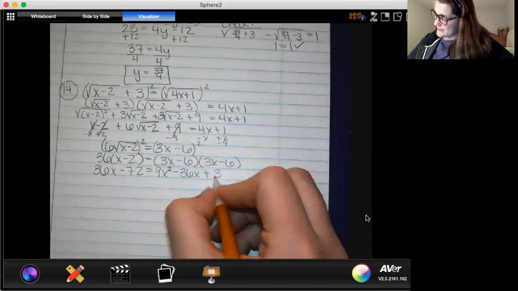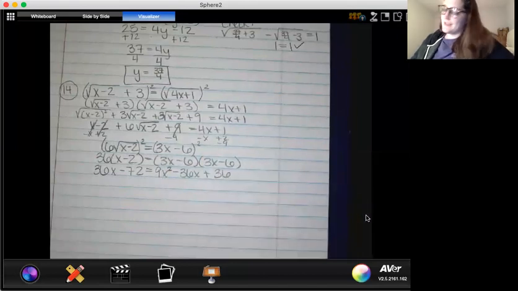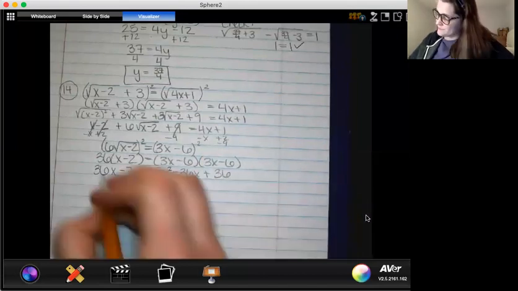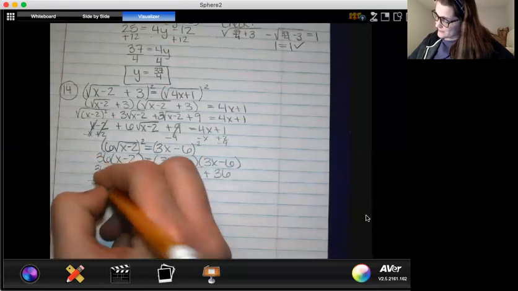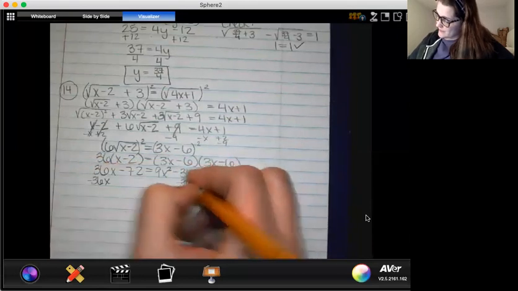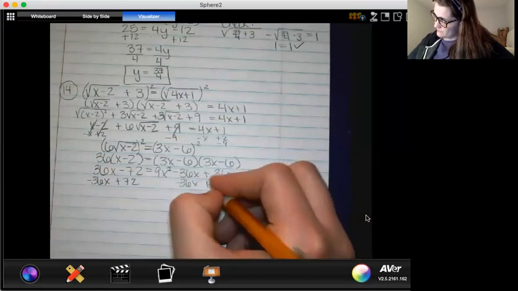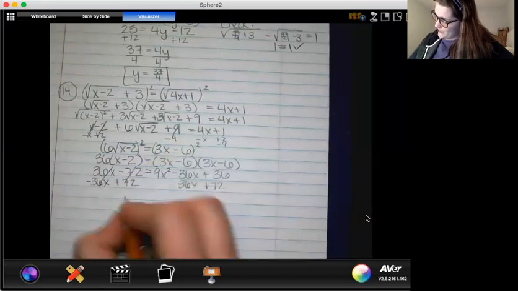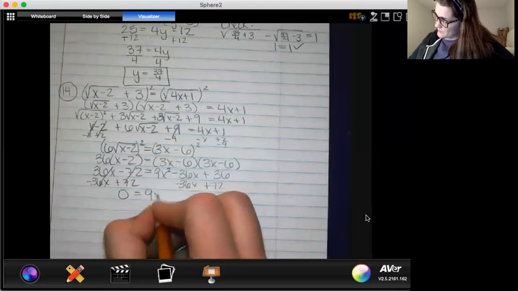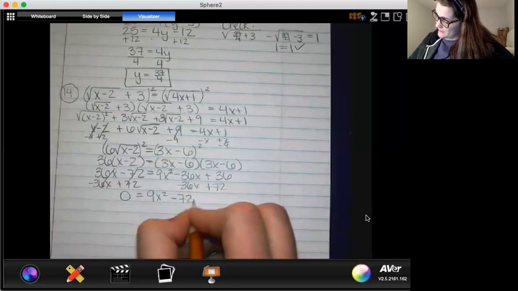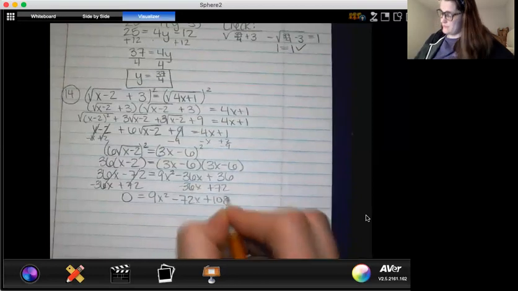Plus 36. Set equal to 0. So I'm going to subtract 36x and add 72. Nine x squared minus 72x plus 108.